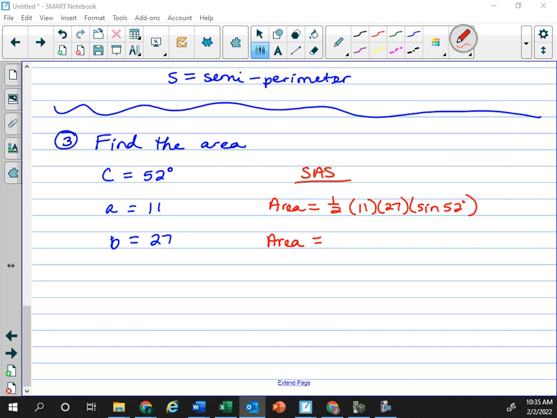All right, guys, what do you think? What's the area? Good, 117.020. Try keying that in again.